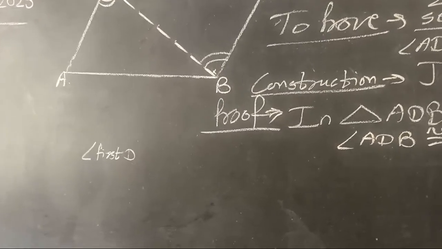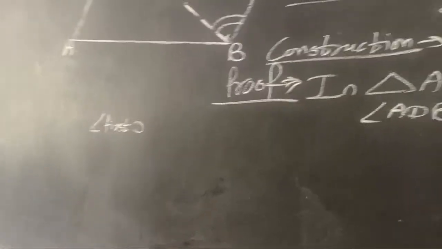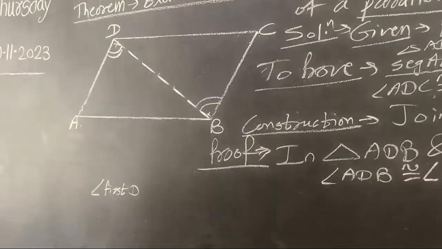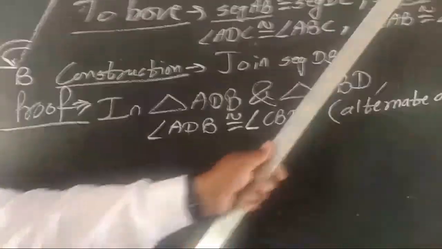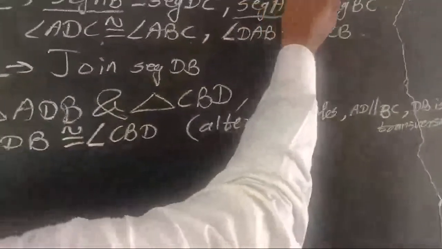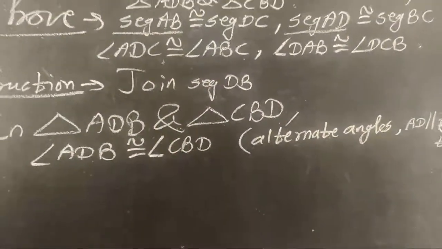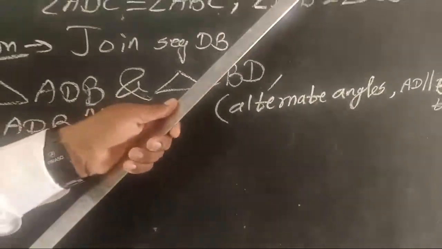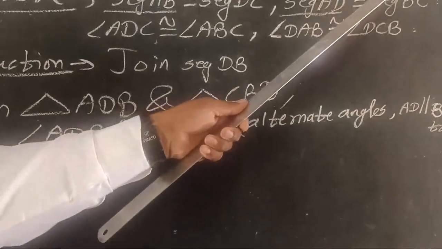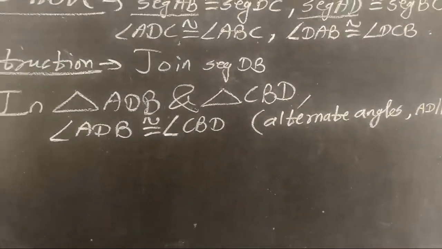If opposite sides of a quadrilateral are parallel, then it is called a parallelogram. Therefore this is a parallelogram, and we can say that opposite sides are parallel. Parallelogram: the spelling is parallel, and 'ogram' is attached.